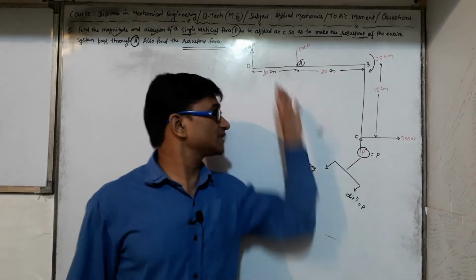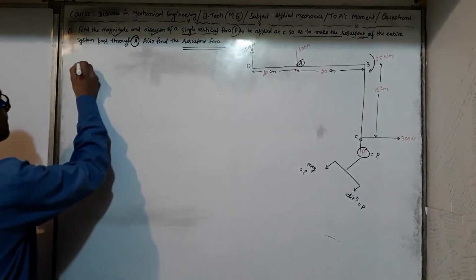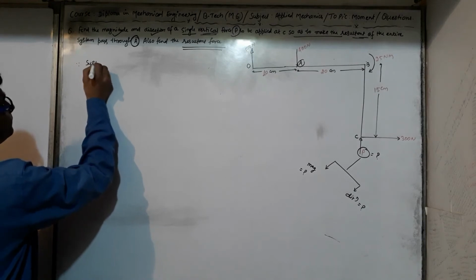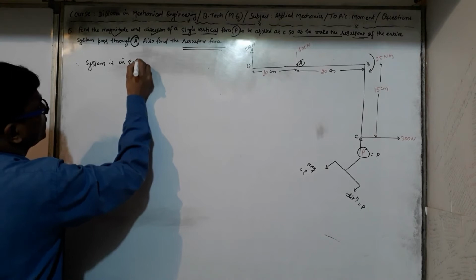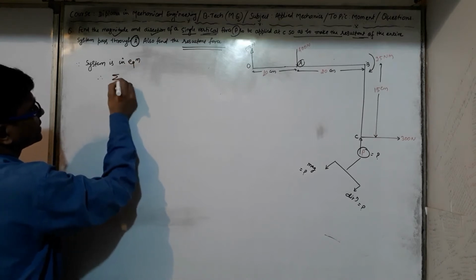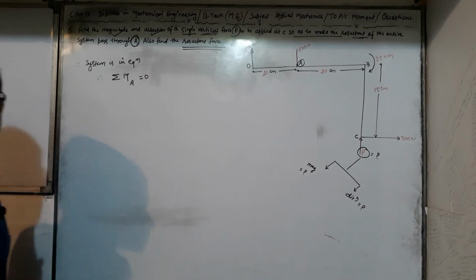Why? Because the system is in equilibrium. So we can say, since the system is in equilibrium, the summation of all moments about this point A must be equal to 0.